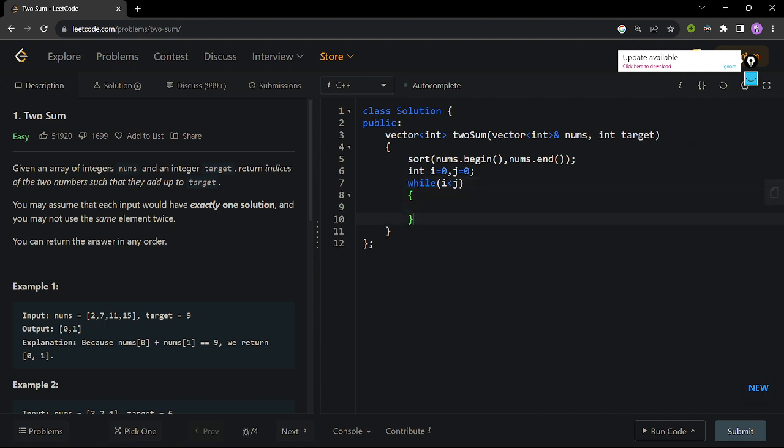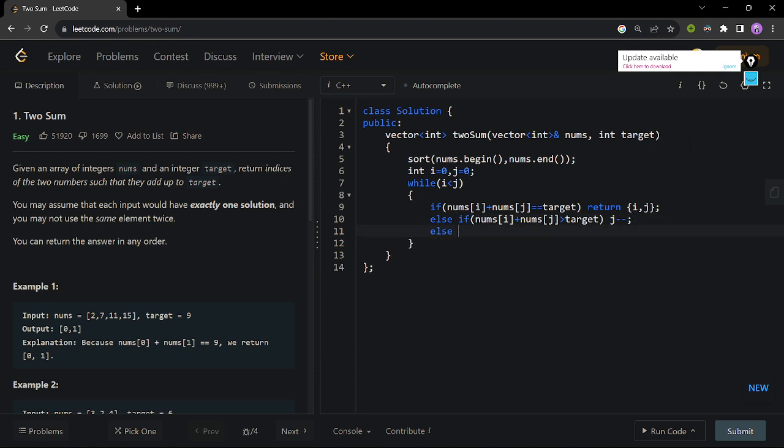If nums of i plus nums of j is equal to target, then I'll return i, j. Otherwise, if nums of i plus nums of j is greater than target, then I have to reduce this sum, so I'll come to the left side, that is j minus minus.